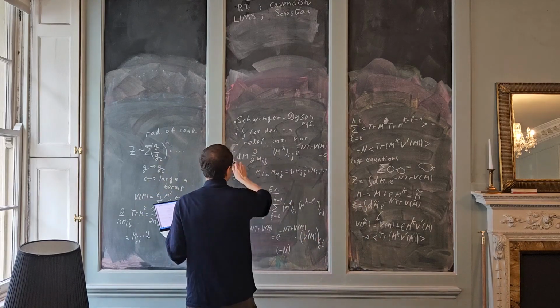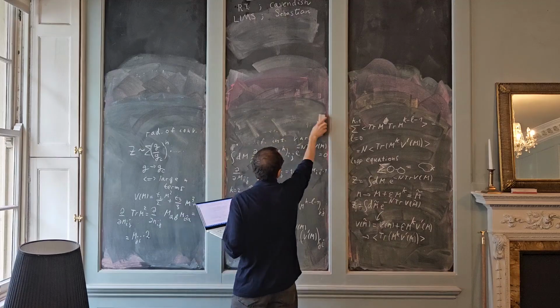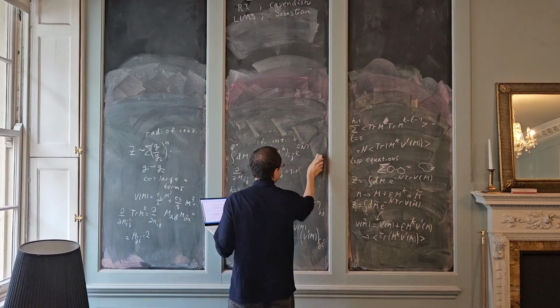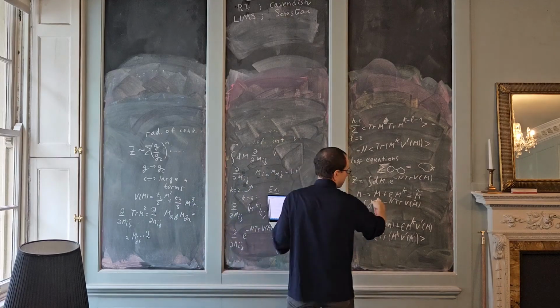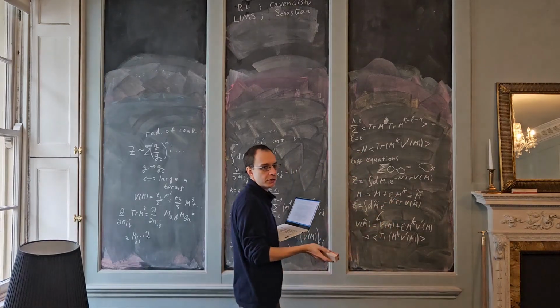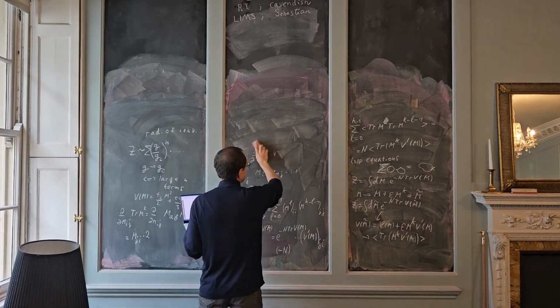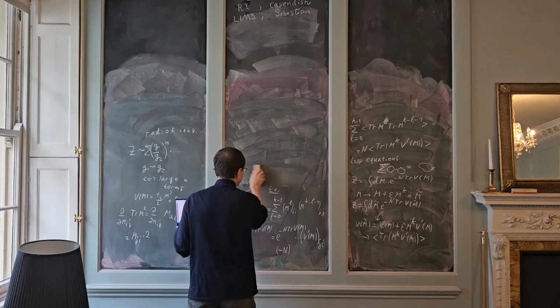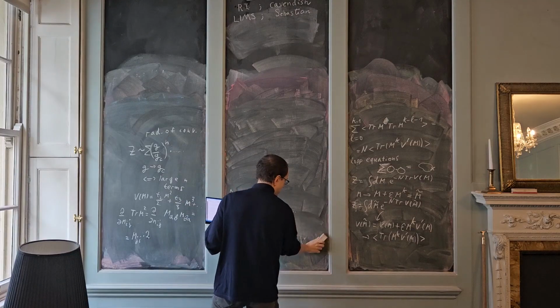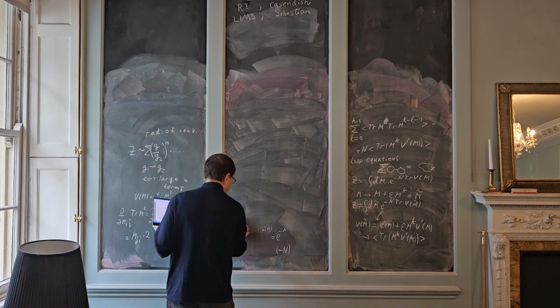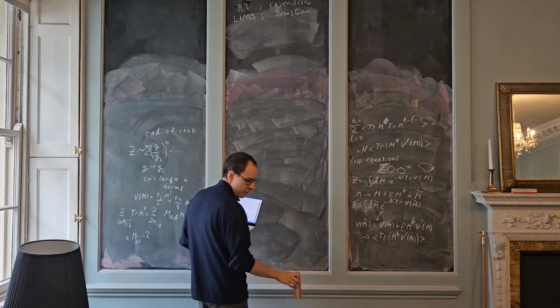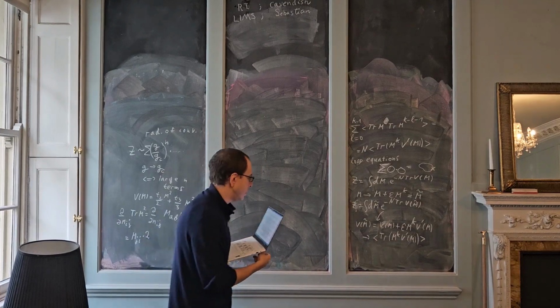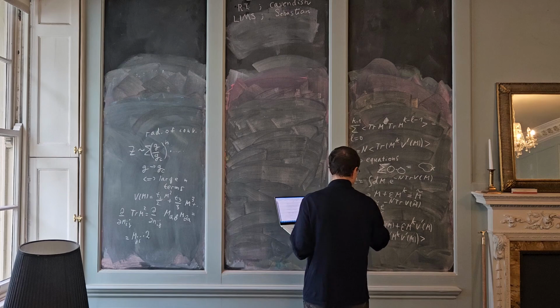But there will be another contribution from the measure. This change of variables is not some kind of orthogonal transformation or rotation. It's an actual non-trivial change which will affect the measure as well. So this dM tilde we have to compute.